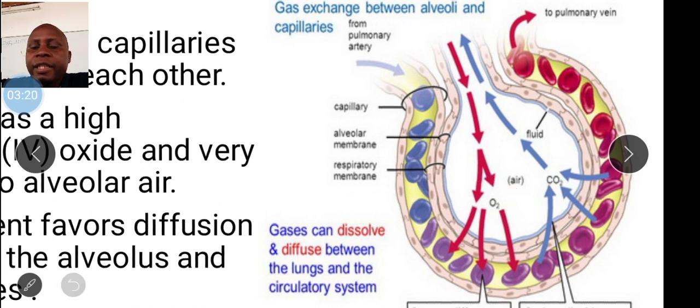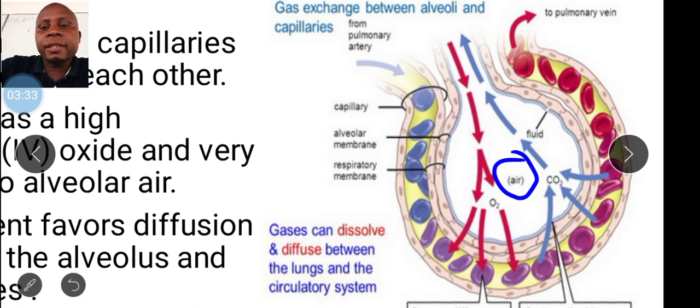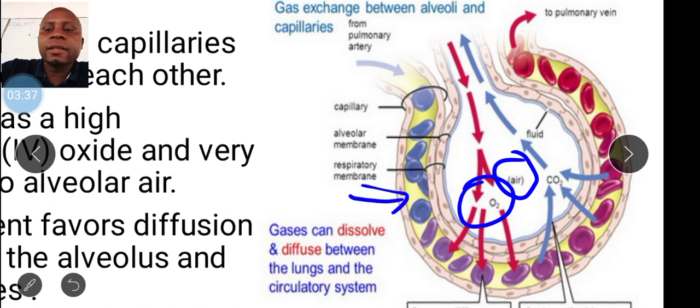Now, how does gaseous exchange occur in the alveolus? Gaseous exchange occurs due to existence of a concentration gradient. That is, the oxygen in the air in the alveolus is more highly concentrated than in the blood.